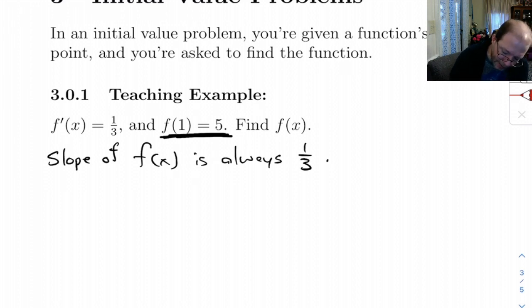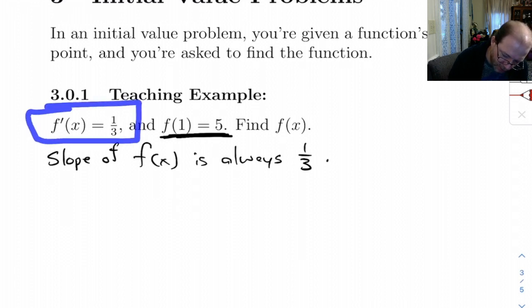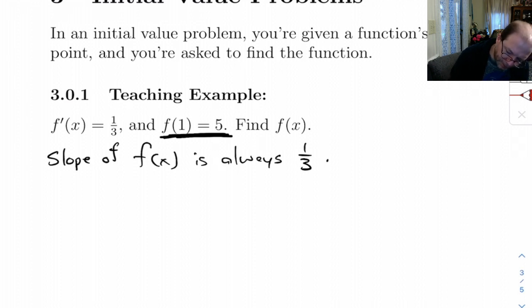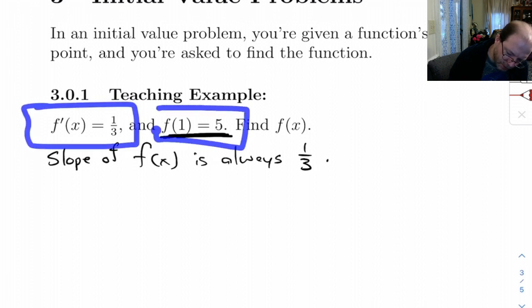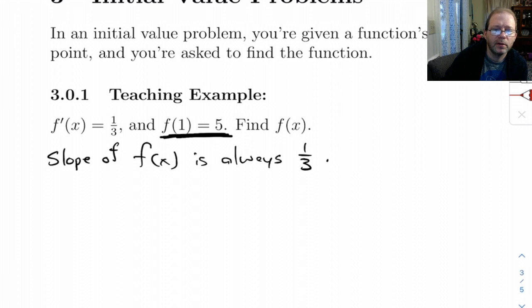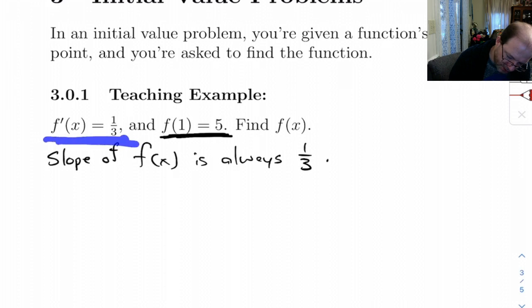And it's a line. How do we know it's a line? Because the slope is constant. So if you think about this, this tells you the shape of the graph, and this just tells you where to put it. This over here tells us the slope is 1/3.